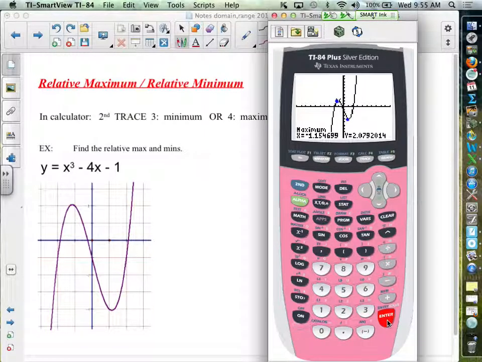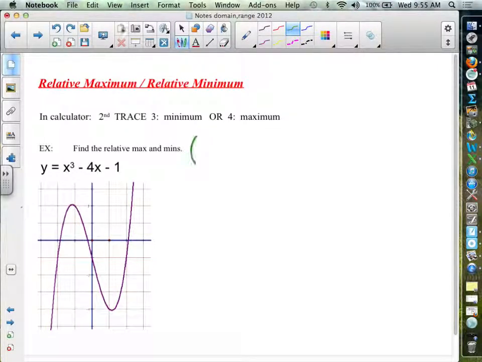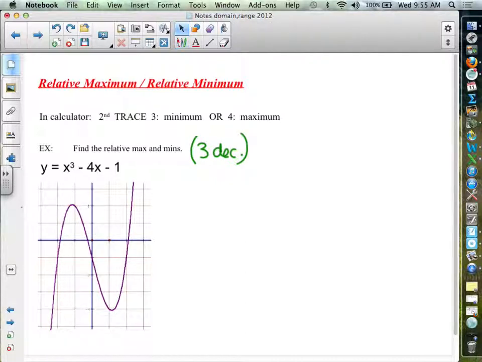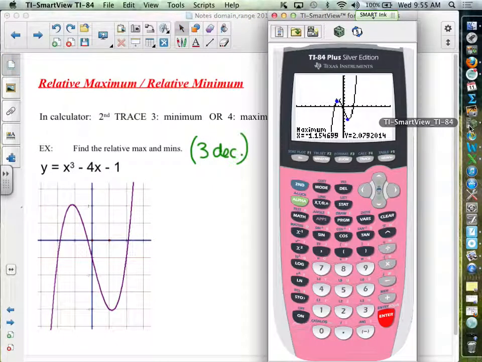So we've got the coordinates for that point. The x is -1.154699. We're going to round this to 3 decimal places. Round everything to 3 decimals, not sig figs. So -1.155 is my x coordinate.